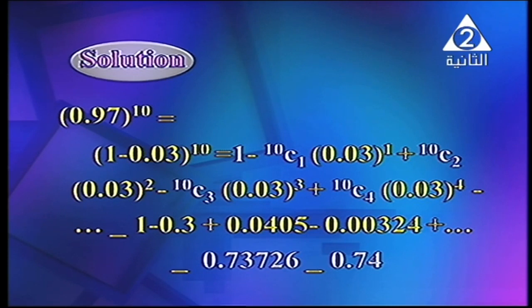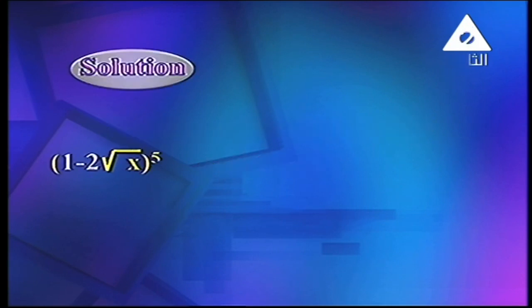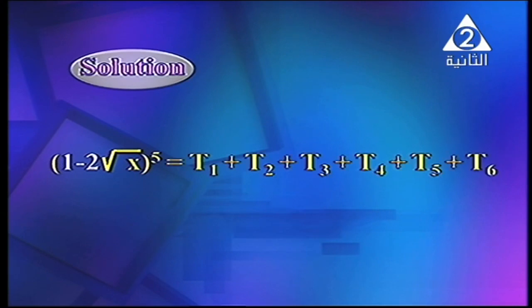Find the value of (1 + 2√x)^5 + (1 - 2√x)^5. Look at, my dear student, by using the binomial theorem, (1 - 2√x)^5 equals t1 + t2 + t3 + t4 + t5 + t6.